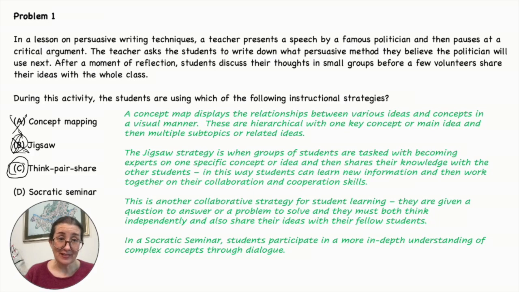Socratic seminar. In a Socratic seminar, students participate in a more in-depth understanding of a complex concept through dialogue. This is at a much higher level than middle school, so we're going to cross that one out, and think, pair, share is indeed the correct answer here.